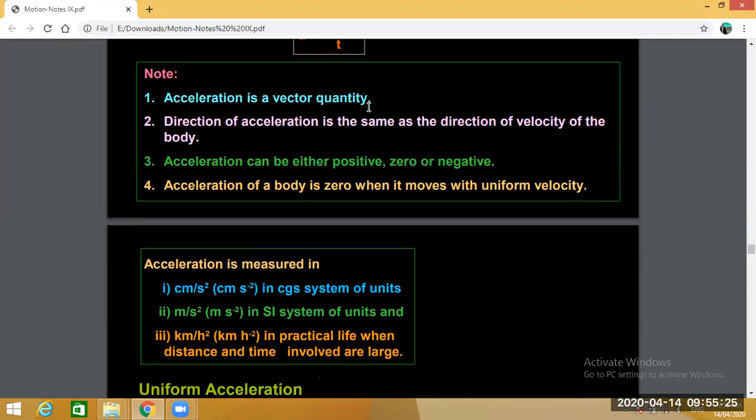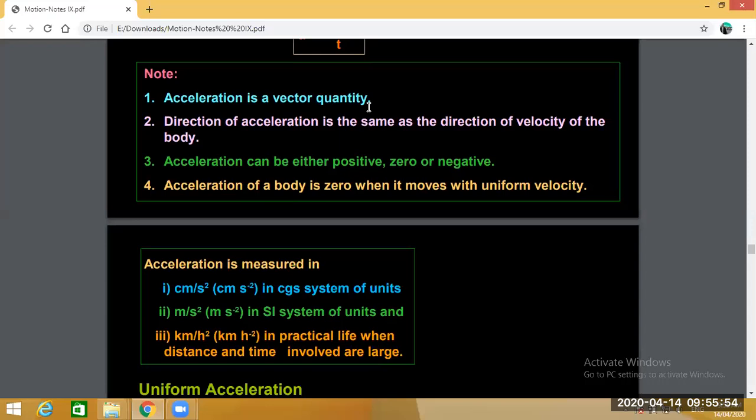Now, let us have some brief points regarding acceleration. Acceleration is a vector quantity, and the direction of acceleration is the direction in which the velocity changes. Acceleration can be positive, zero, or negative.